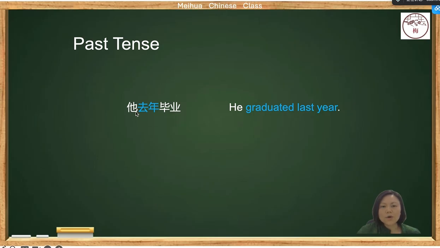For example, 他去年毕业. See, this is the first rule, the top priority rule, right? Whenever we see a time noun or time phrase, we should first follow this time indicator to make the sentence. 他去年毕业. 去年 means last year, so it says about something that happened last year.